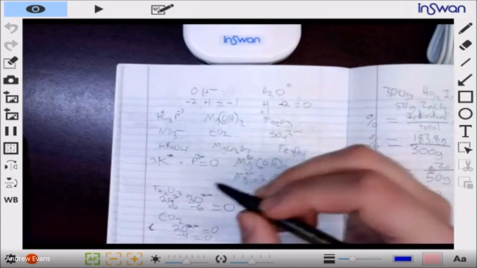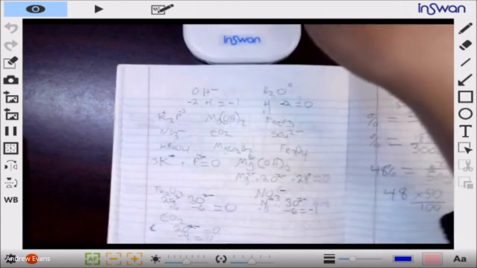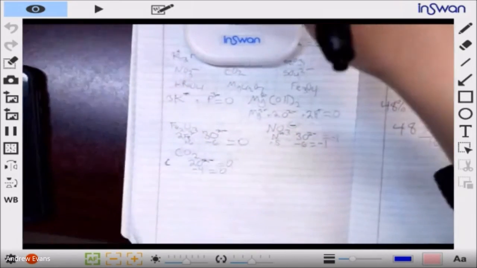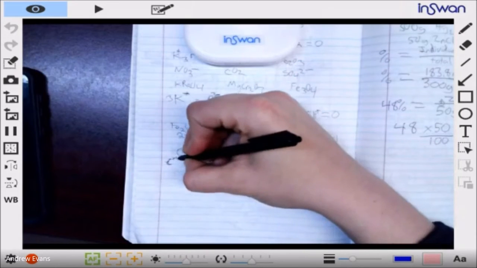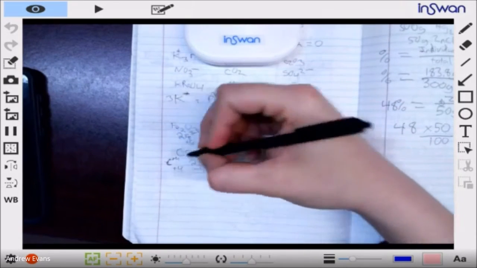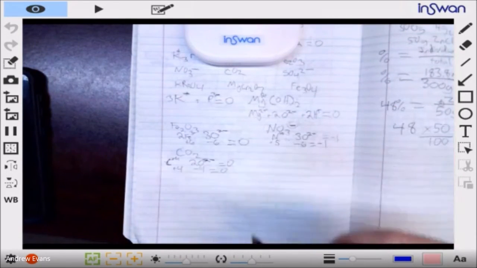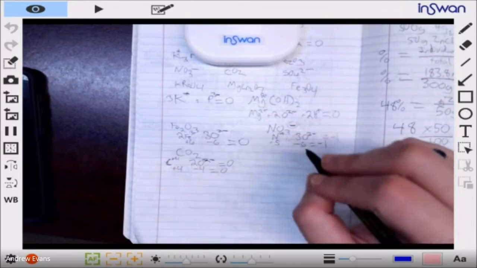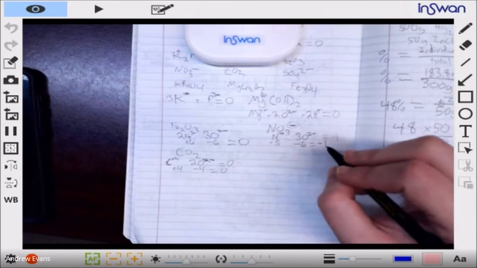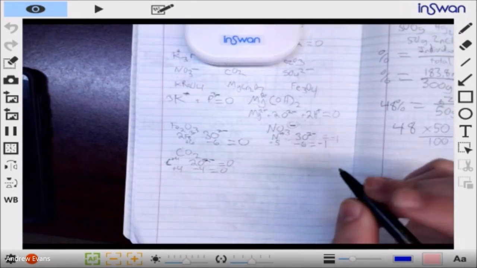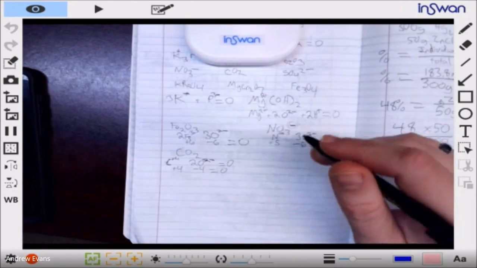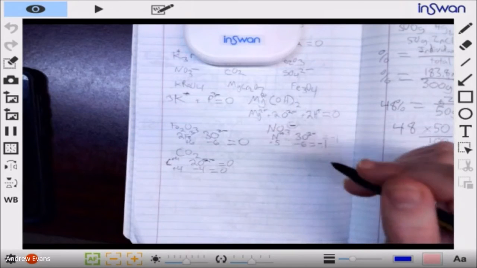Carbon has to be +4. How many valence electrons does carbon have? Carbon is group 4A. It has 4 valence electrons. When we make our Lewis structures, it has 4 electrons to make bonds with.